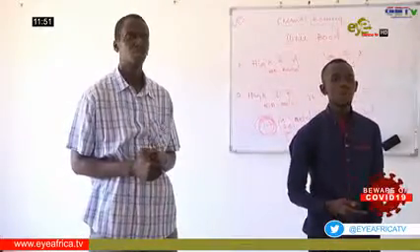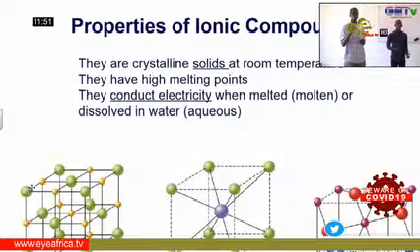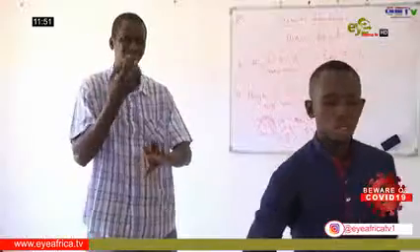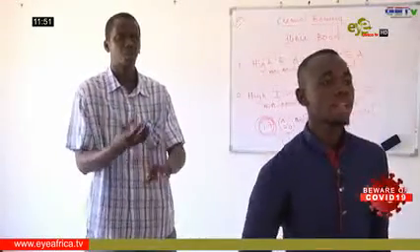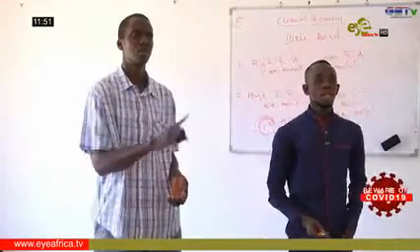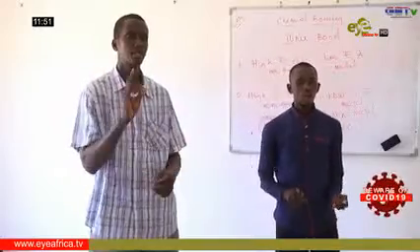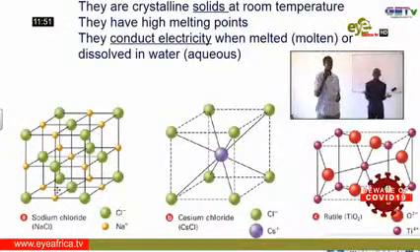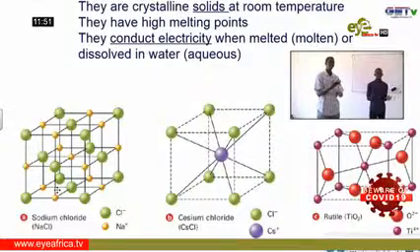Now we also have properties of ionic compounds. One, we said they are crystalline solids at room temperature. Now we can see these structures, that is the models down, and they are all trying to explain the crystalline structure of these ionic compounds. Sometimes we will say that they have a lattice structure.